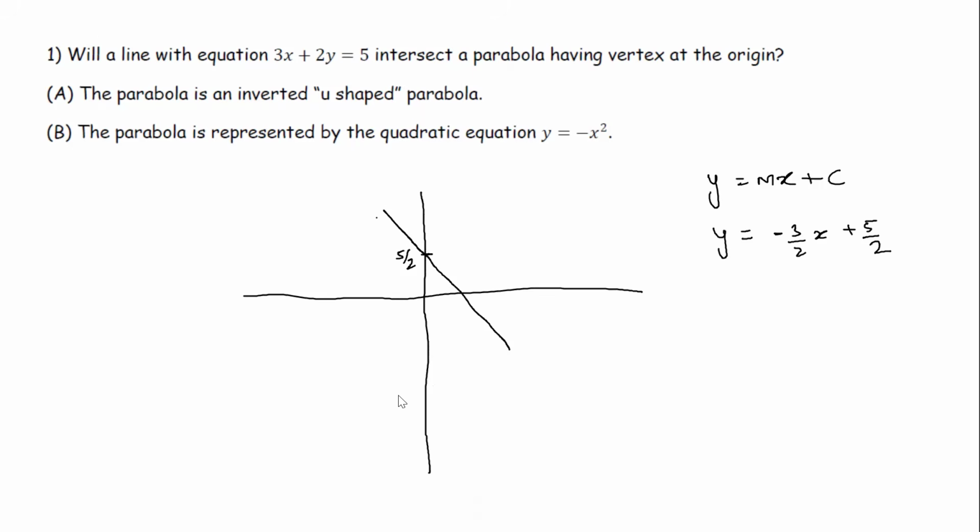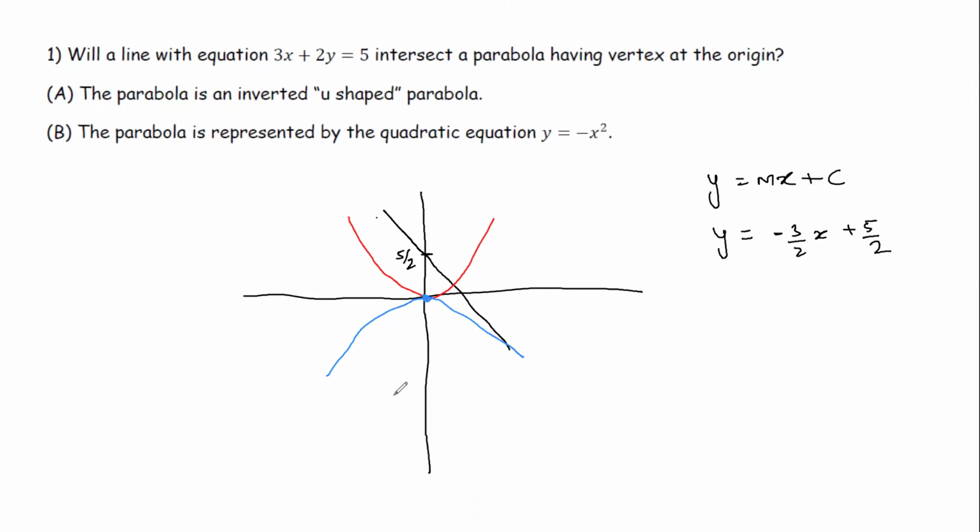Okay. And we have a parabola with the vertex at the origin. So this parabola could be the red one, or it could be the blue one. The end point, meaning the U point, is the vertex basically. That's called the vertex.